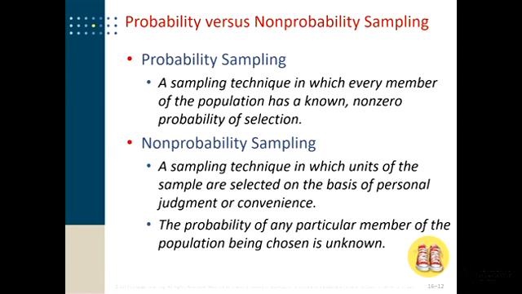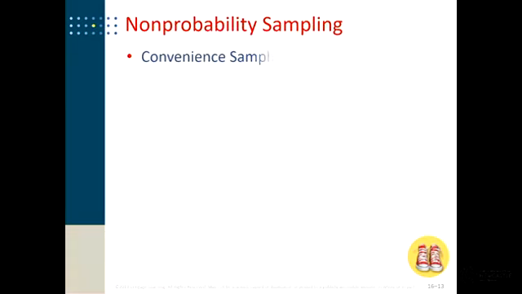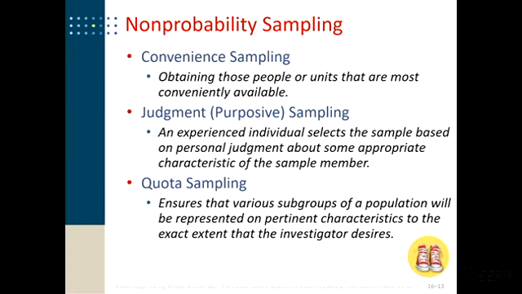Arbitrarily, we pick up some sampling units. That's non-probability sampling. First of all, we will be talking about non-probability sampling, then we will be discussing some probability sampling techniques. So broadly, non-probability sampling means we pick up our sample arbitrarily by being judgmental or on the basis of our experience.